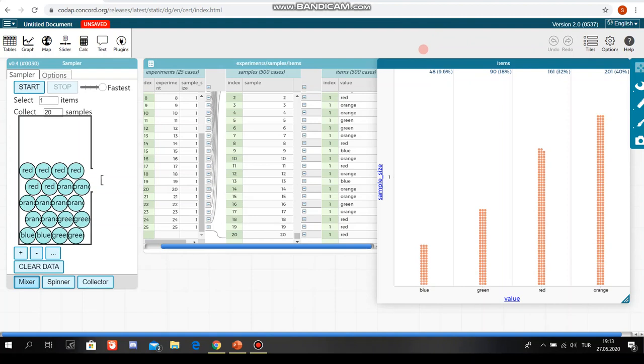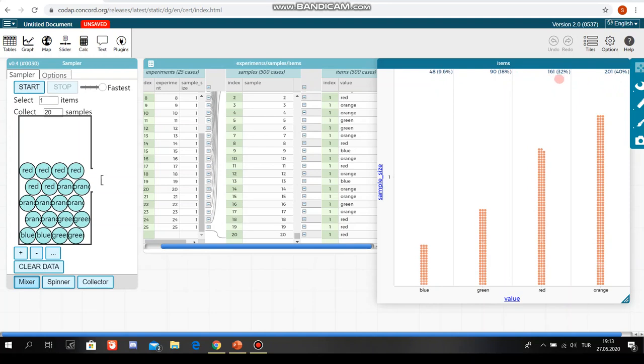For example, we found respectively 10, 20, 30 and 40 percentages for blue, green, red and orange marbles. And when I increase the number of experiments, I almost reach the same results. And here in orange, it is 40%, right?